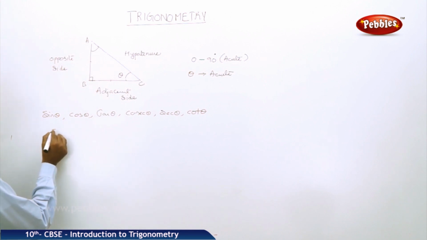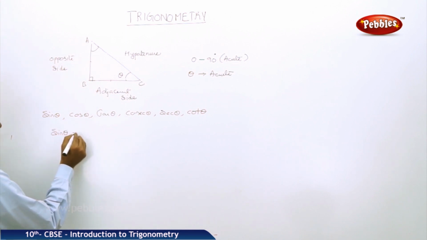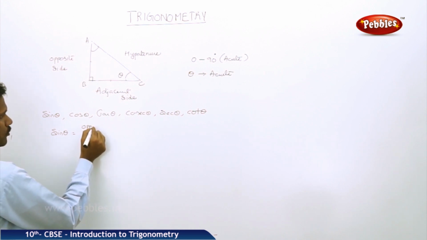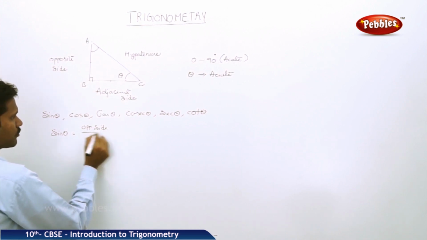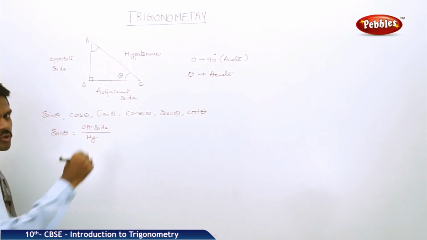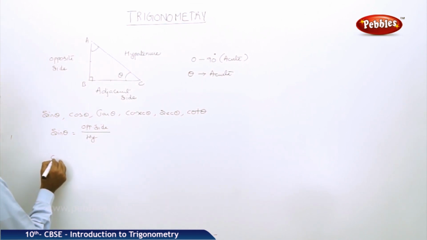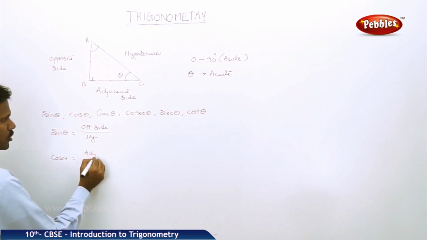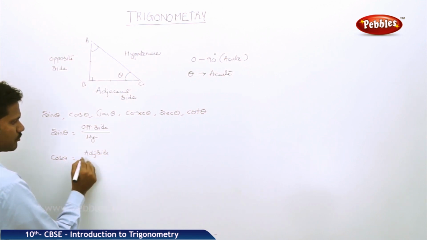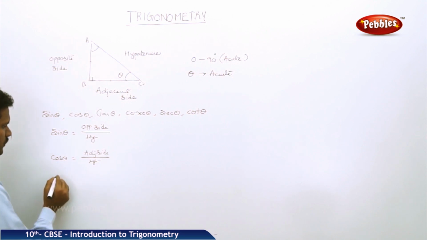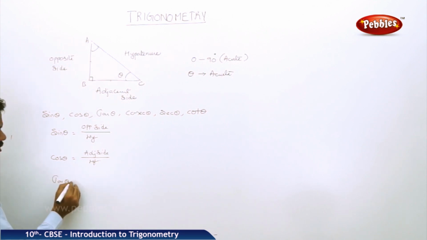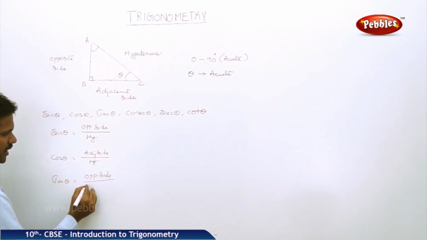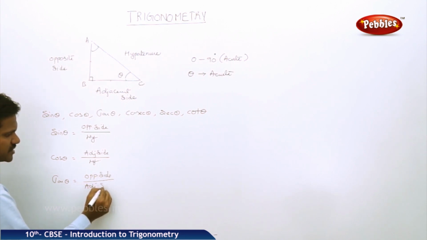Now, what is meant by sin theta? Sin theta is equal to opposite side by hypotenuse. Cos theta is equal to adjacent side by hypotenuse. Tan theta is equal to opposite side by adjacent side.